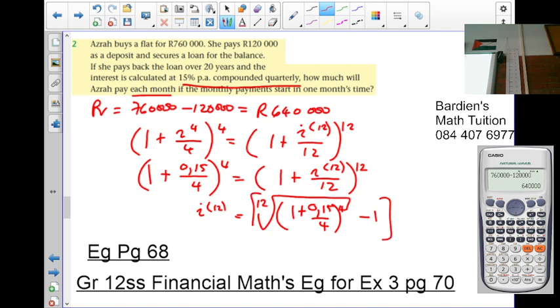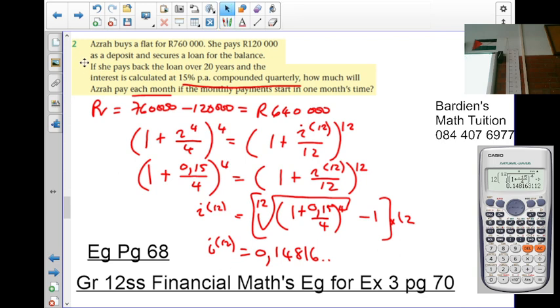That gives me an answer of 0,18. So i_12 is going to be 0,14816, and the number of course carries on. Okay.